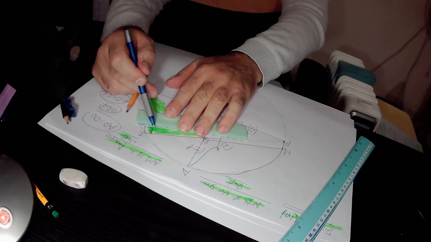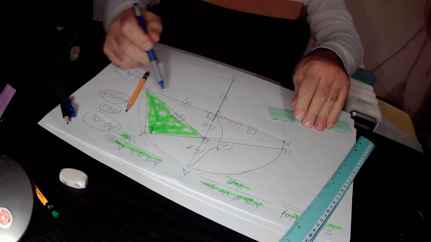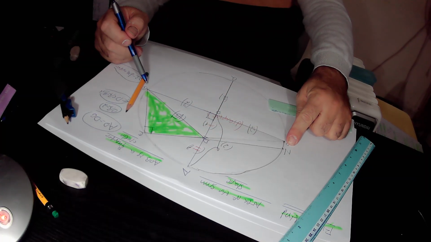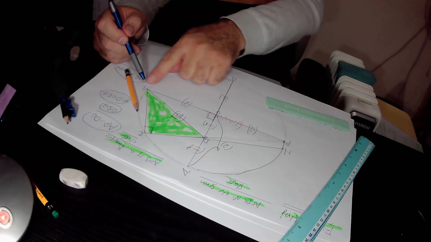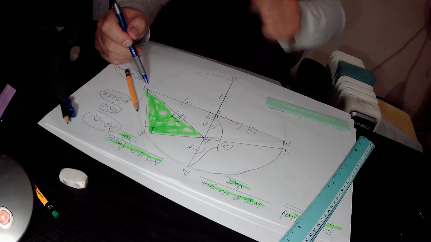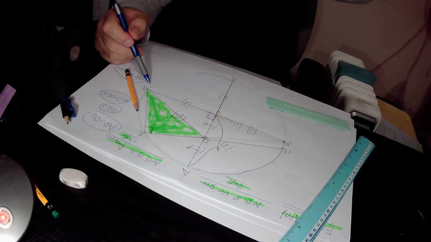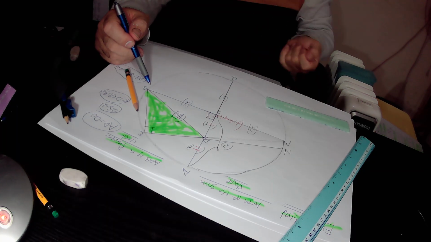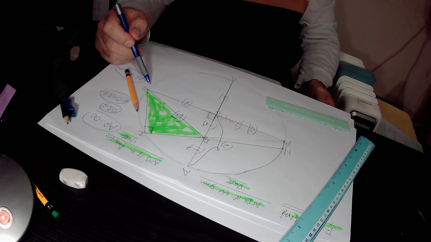And the triangle BCN subtends on this chord called BN. But chord BN is definitely not the diameter of the circle because chord BN doesn't pass through point O, that is the center of the circle. So if a chord doesn't pass through the center of the circle, it cannot be the diameter of the circle.